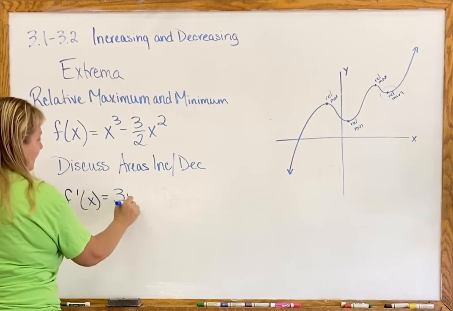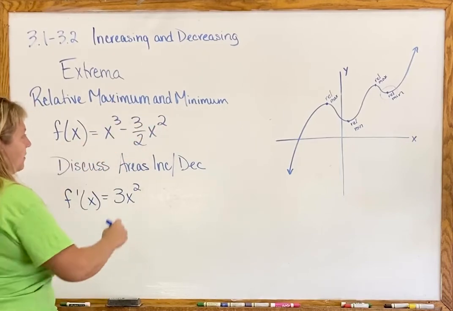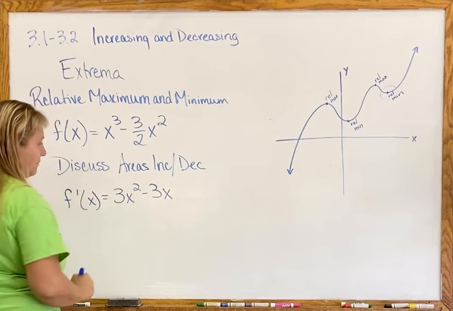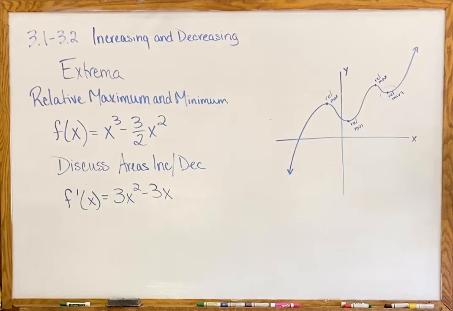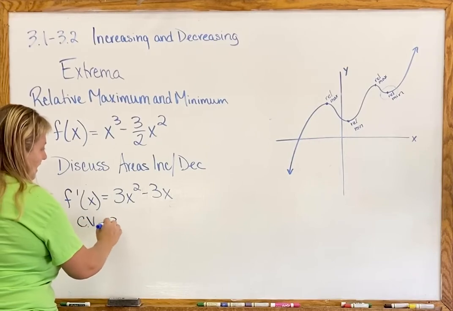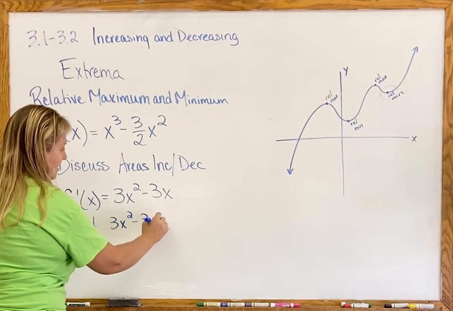If we take the derivative there, we'll have 3x squared. Then if we pull the 2 down, it's going to cancel with that other 2, so we have just 3x. Now we need to find our critical values. To find the critical values, we take 3x squared minus 3x and set it equal to 0.